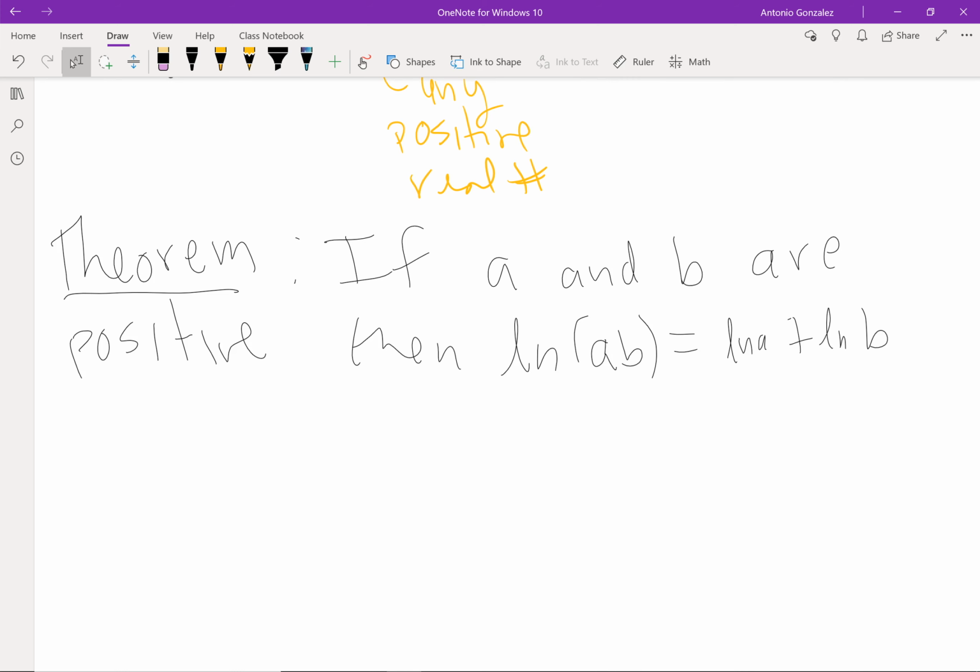All right, so let's actually prove this here. Now for our proof, we want to use the fact that the natural log of ax and the natural log of x have the same derivative.